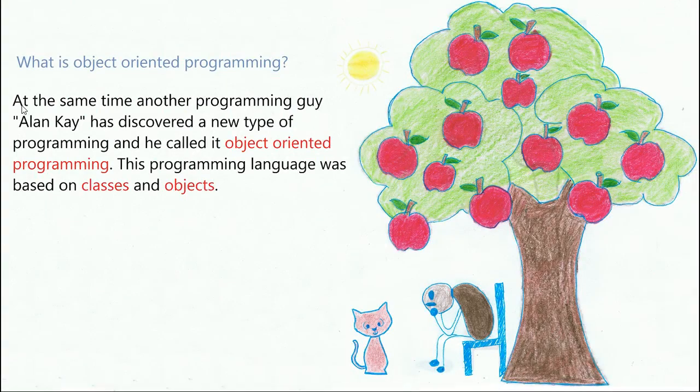At the same time, another programming guy, Alan Kay, has discovered a new type of programming, and he called it object-oriented programming. This programming language was based on classes and objects. But our programming guy couldn't get his head around this object-oriented programming concept. The classes and objects were making no sense to him.